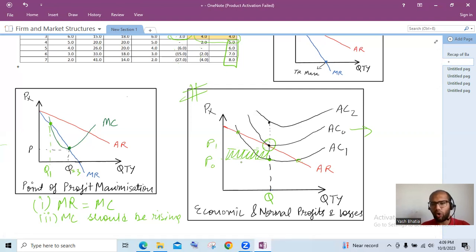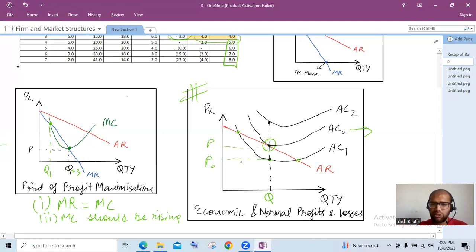If any firm is able to operate below AR, whose cost curve is below AR, that means the firm is earning economic profits. In a similar case, now let us assume that we are operating not at AC1 but at AC2. At the same quantity Q, our revenue is at this point, let's say this is P0, and our cost is at this point, P1.